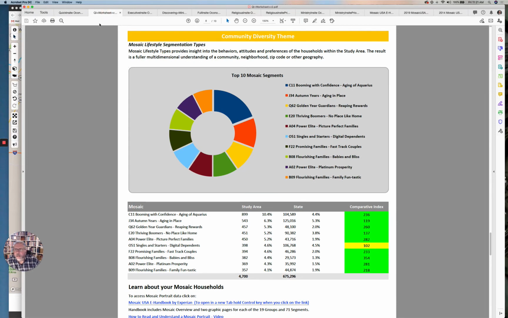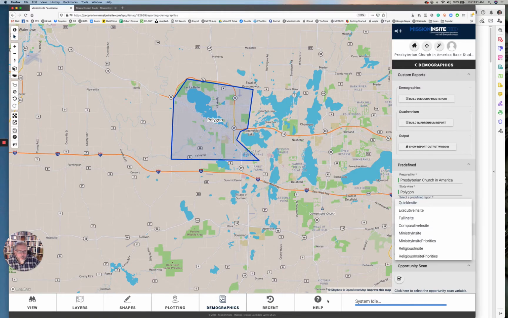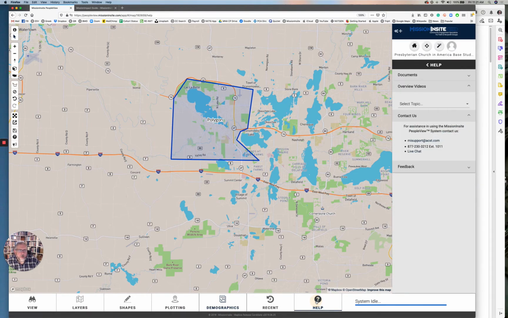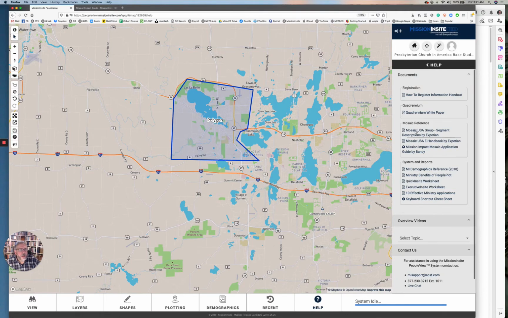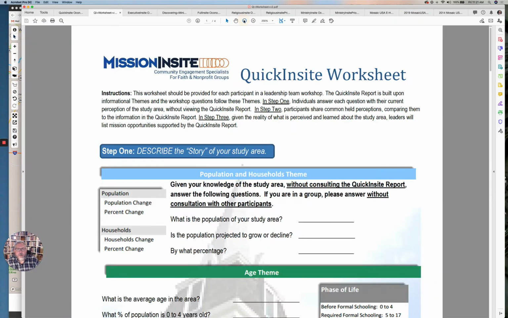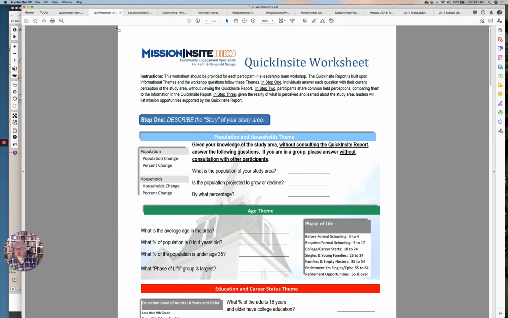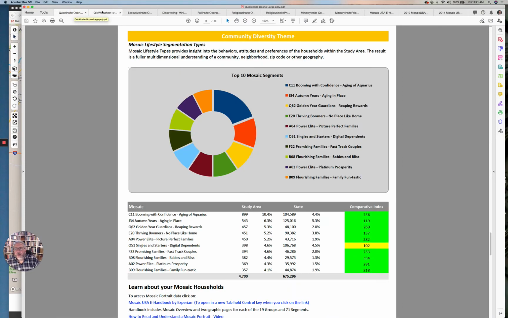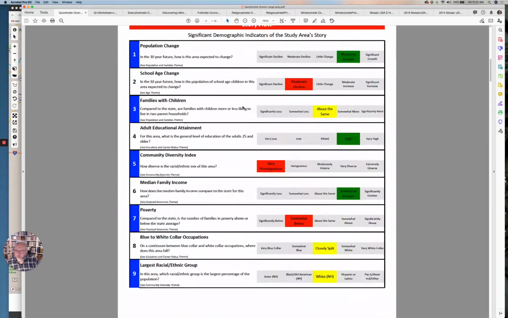On the main page, you will see over here, as we mentioned before, under the help section, documents. They're going to have some other downloads you can do. One of those is this sheet here, a little bit smaller. If you're doing the Quick Insight, there's a lot of stuff to look at here.